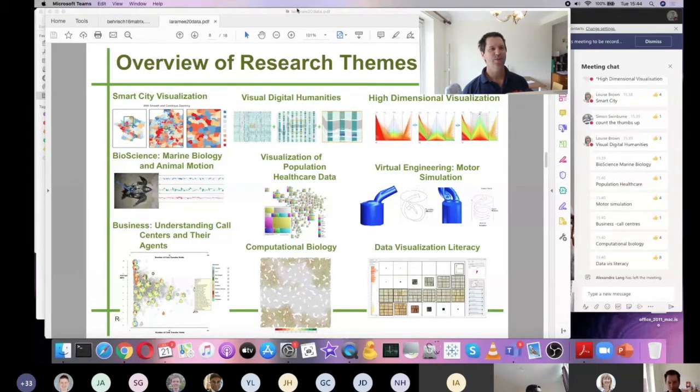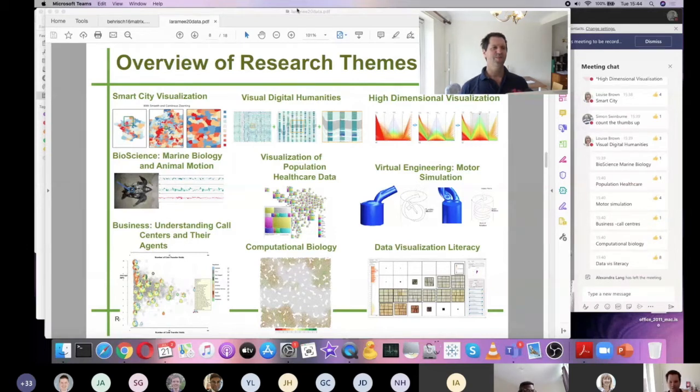And then the next one is virtual engineering, the study of the combustion engine. Lots of people dedicate their lives to optimizing the combustion process inside the combustion engine. And how can we use visualization to help with that optimization? That's that one.